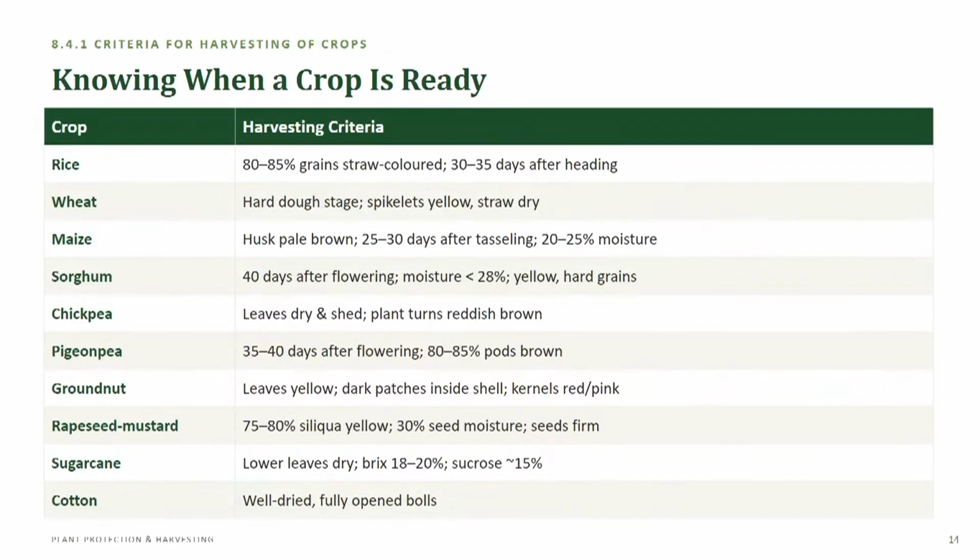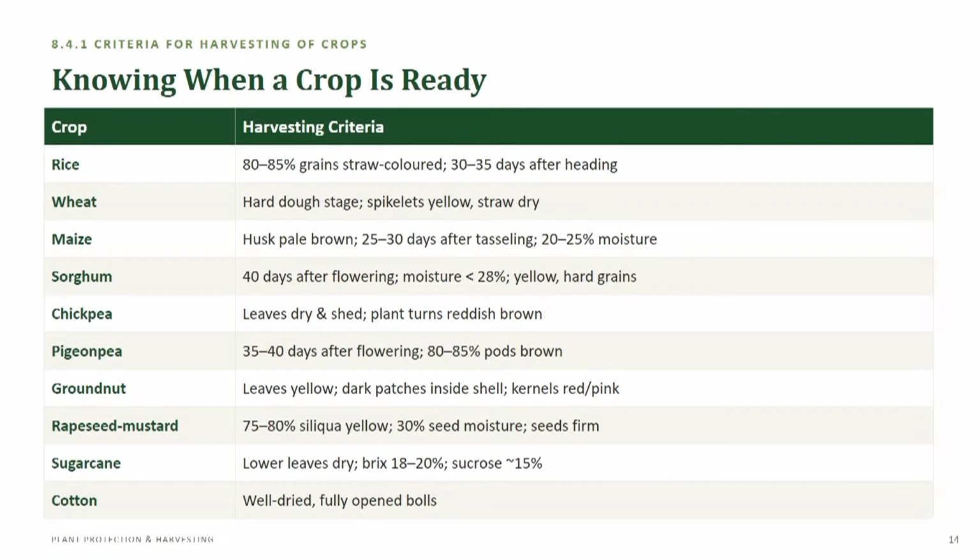So, now let us understand how to know our crop is ready for harvest. For different types of crops, there are different harvesting criteria, and a farmer should follow these criteria for successful harvest of each crop.